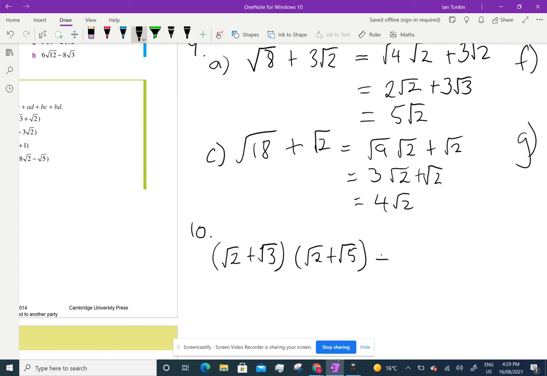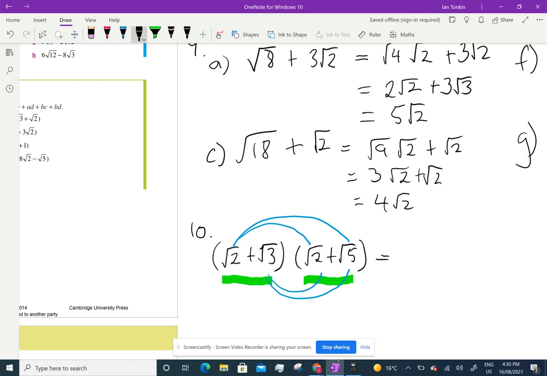Now, always be aware, when you're doing a binomial expansion, I've got 2 things by 2 things. So I should end up getting 4 things when I'm done. Remember, I've got to multiply that by that, that by that, that by that, and that by that. And that'll give me the 4 things that I need.